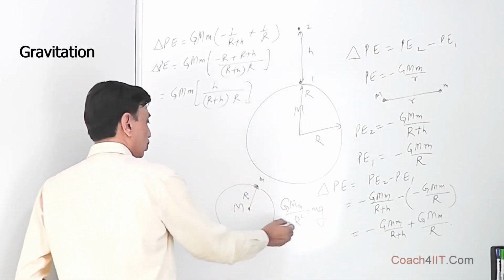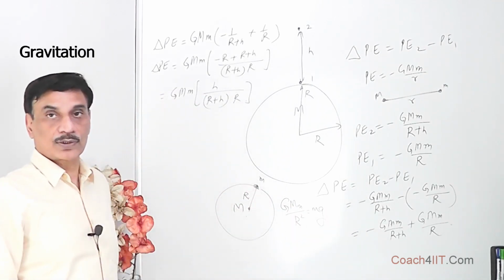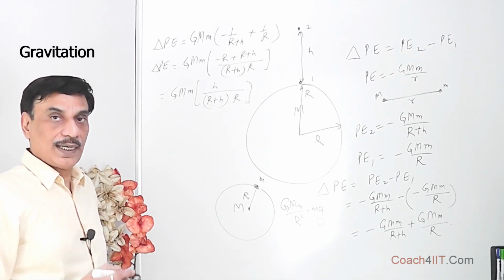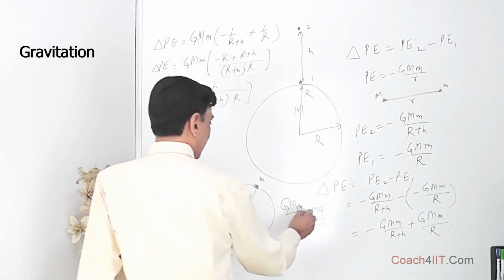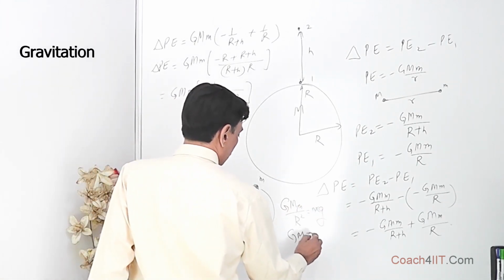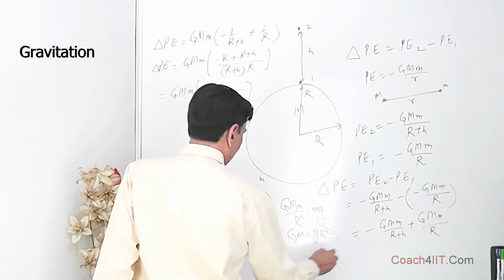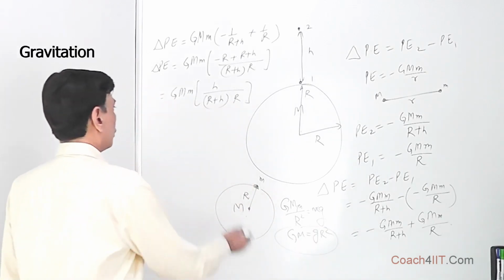The distance between the two is taken as R only, because the dimensions of small mass are negligible as compared to the radius of earth, which is 6400 km. So over here we say that GM is equal to gR square.